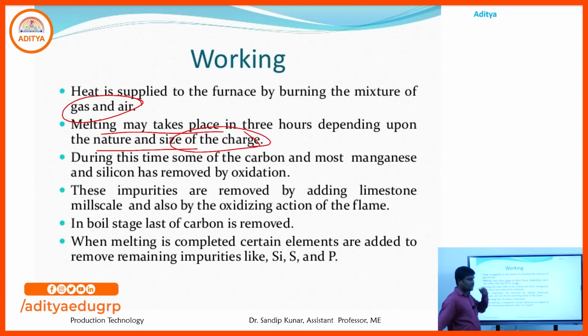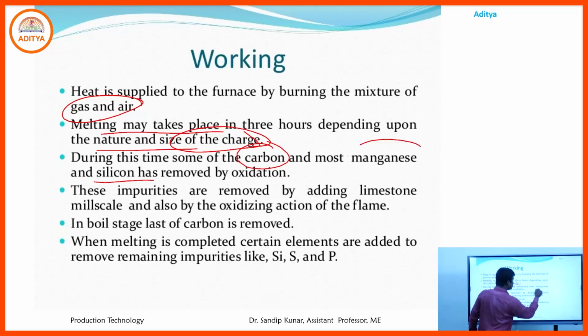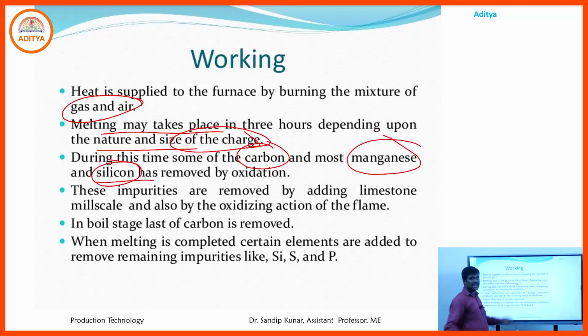After that, some of the carbon, most of the manganese and silica will be removed by oxygen. Sometimes carbon, manganese and silica are mixed into the charge. When heating starts, they are oxidized. These impurities are removed by adding limestone, mill scale, and also by the oxidizing action of the flame.